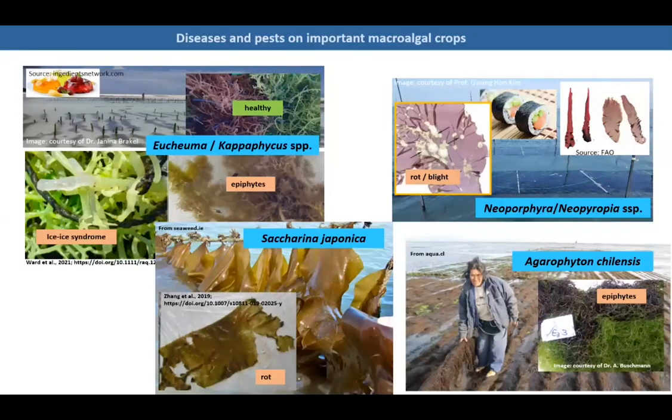Comparable to animal aquaculture and agriculture, the intensification of seaweed cultivation will certainly lead to the increase of disease-related issues. But unlike in agriculture and animal aquaculture, disease diagnostic tools and biosecurity are still very much in their infancy and in urgent need of elaboration.